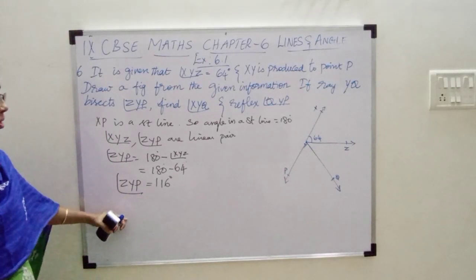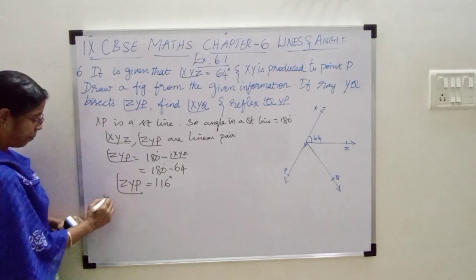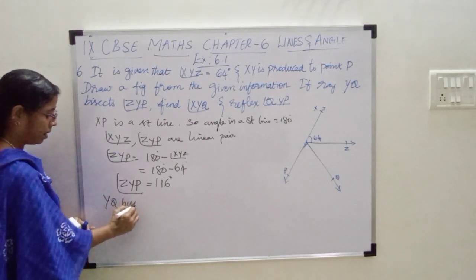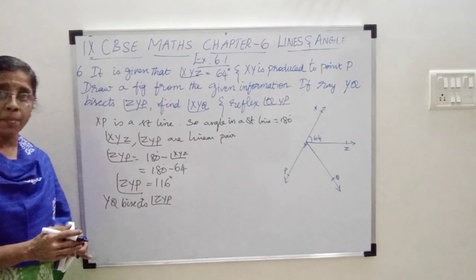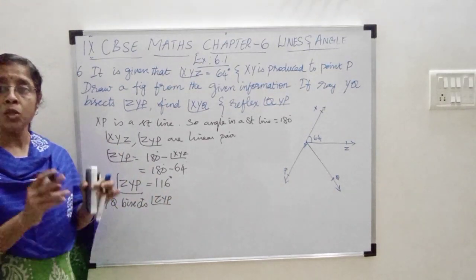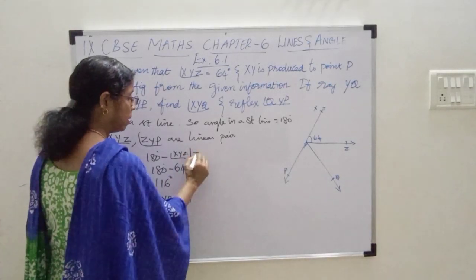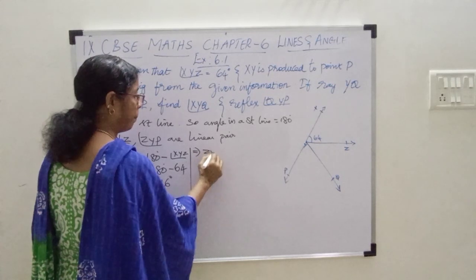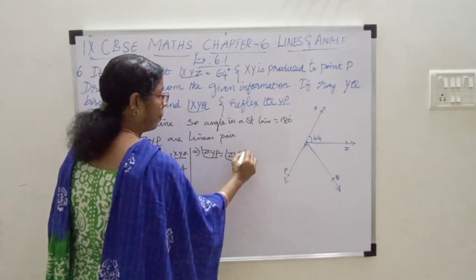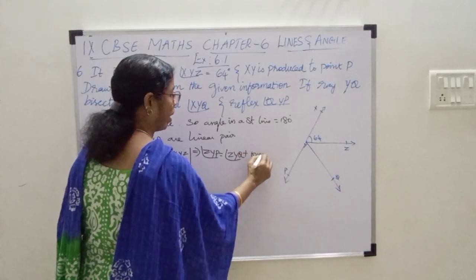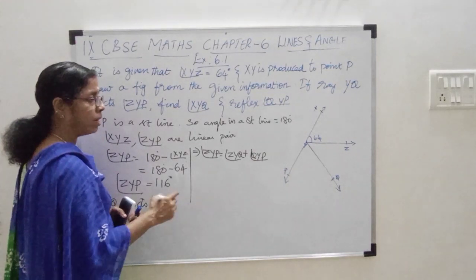The problem is not yet over. See, YQ bisects angle ZYP. Bisects means what? Divide it into two equal parts. This implies angle ZYP is equal to angle ZYQ plus angle QYP.